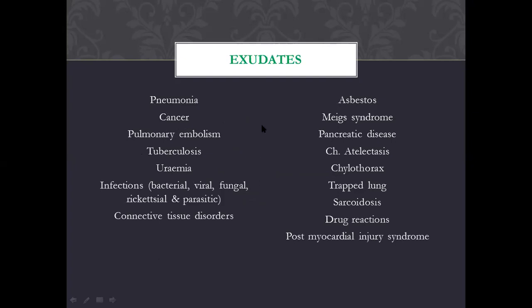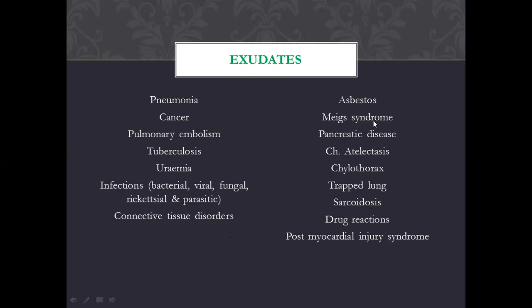While exudative pleural effusion occurs in case of pneumonia, cancers, pulmonary embolism. You see, pulmonary embolism can lead to both transudative and exudative. Tuberculosis, uremia, infections like bacterial, viral, fungal, rickettsial, and parasitic infection.